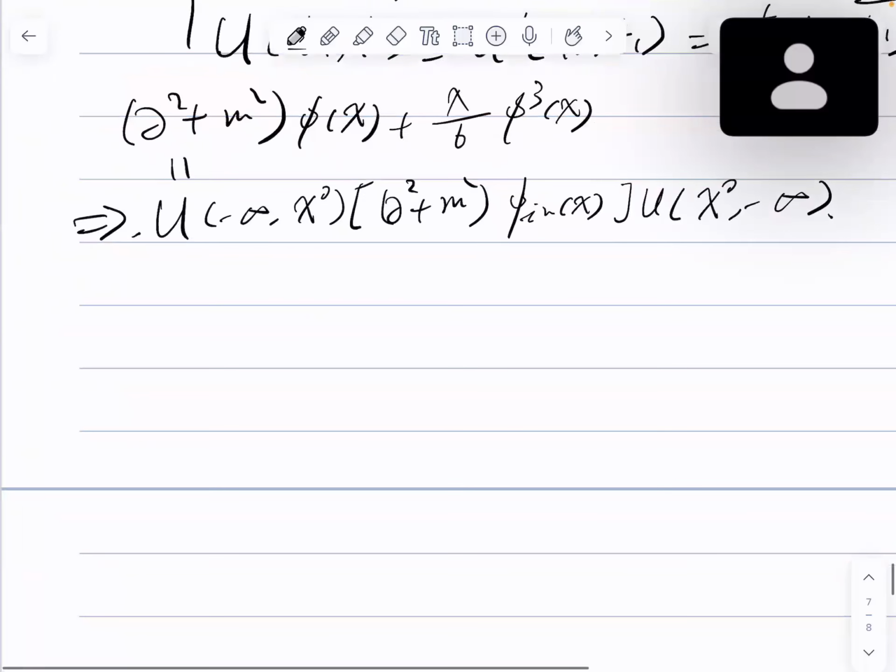And now we can construct the so-called in and out states.